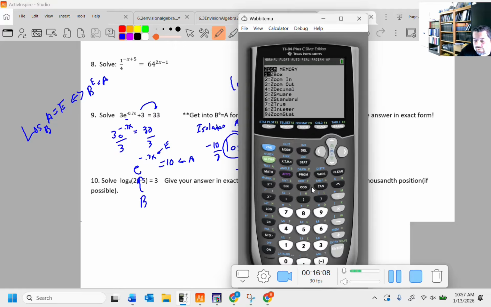Zoom 6 it. I'll play with the window. I'm going to have to look up at least 34 units, something above 33. I'll just do 40. That'd be a Y max adjustment. And I feel like a standard left and right 10 is probably going to do it, because I was seeing exponential decay, which means it rose really quick as you ran left.